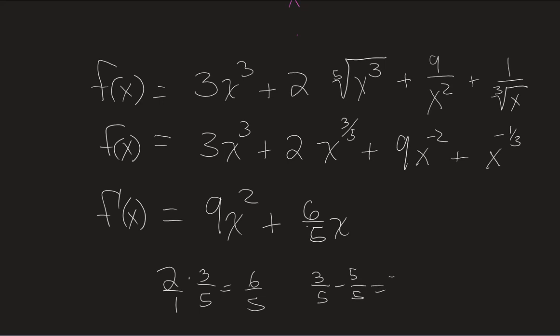That's -2/5. So x to the -2/5 minus 18x to the -3 minus 1/3 x. Now I need to subtract 1 from 1/3. So subtracting 1 is subtracting 3/3. So that gets me -4/3.